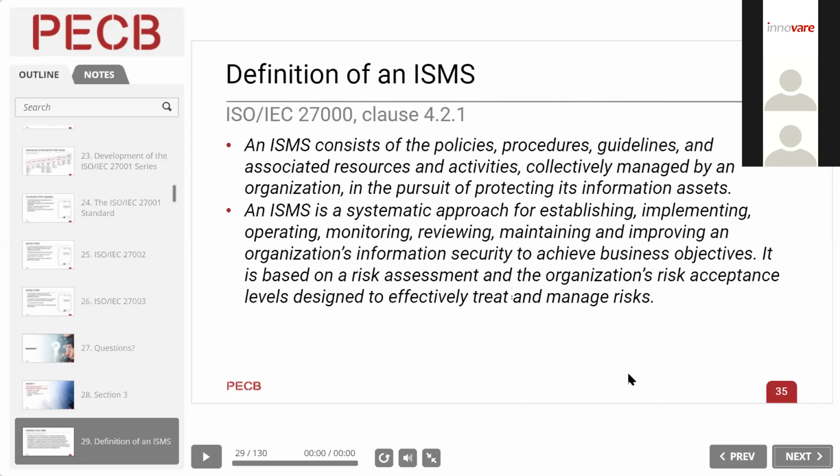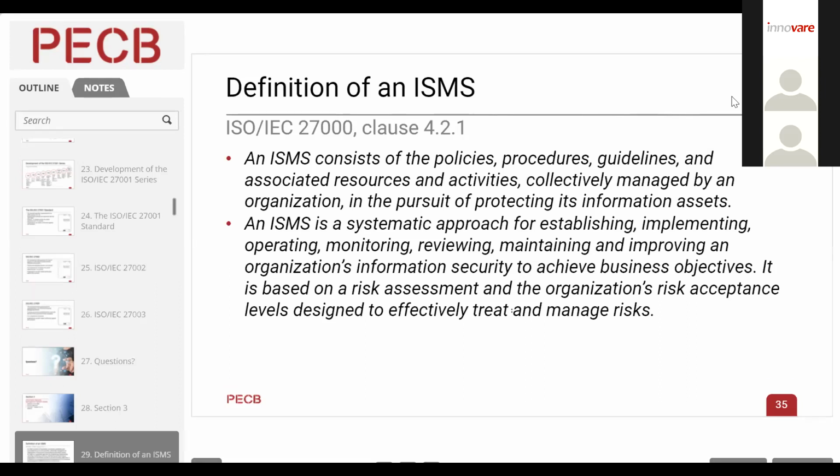Technology is amongst the assets within your environment that need protecting. So an ISMS is not a technology-focused setup. It is a management setup.